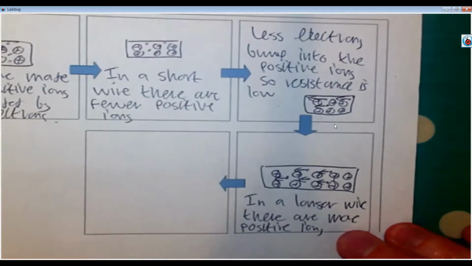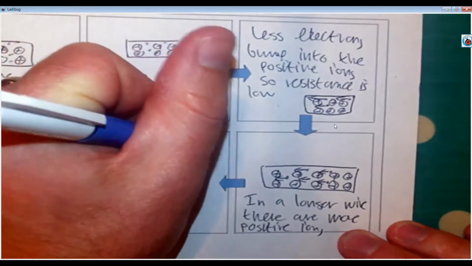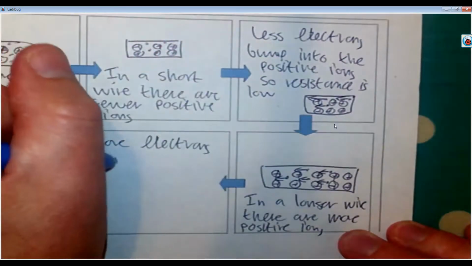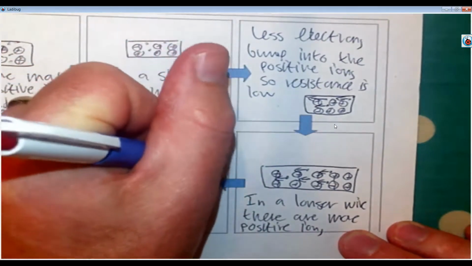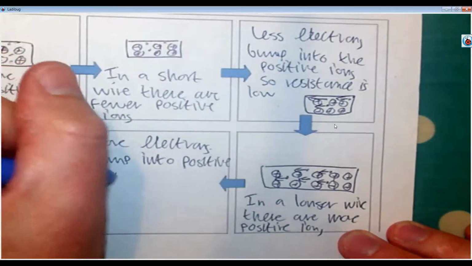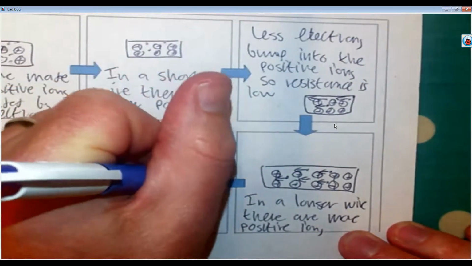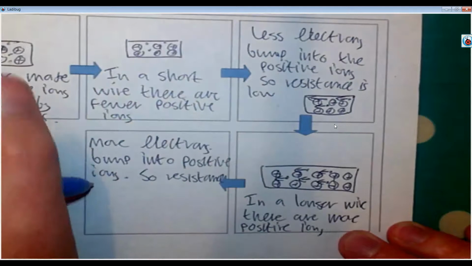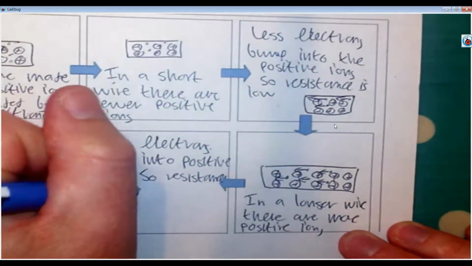Okay, so that makes it harder for the electrons to get through because there are more collisions. So, more electrons bump into positive ions. So, resistance is more.